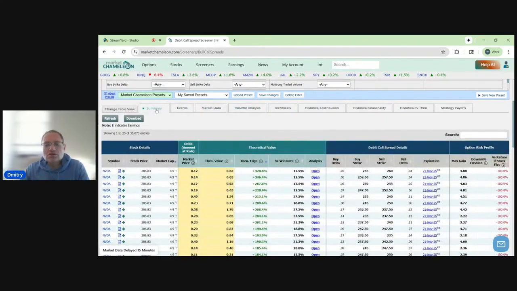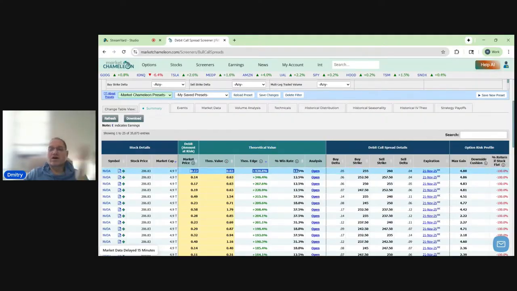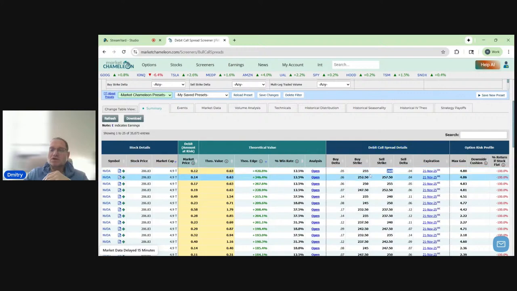So in this video, what we want to do is discuss these call spreads. Reading it from left to right, we see in NVIDIA, we have stock price, market cap. These are some analytics here for valuation of the call spread. And here we identify the call spreads that we are analyzing.